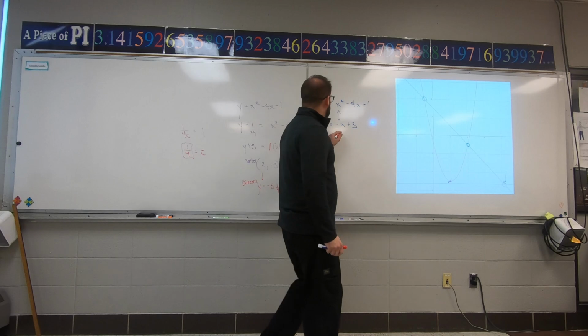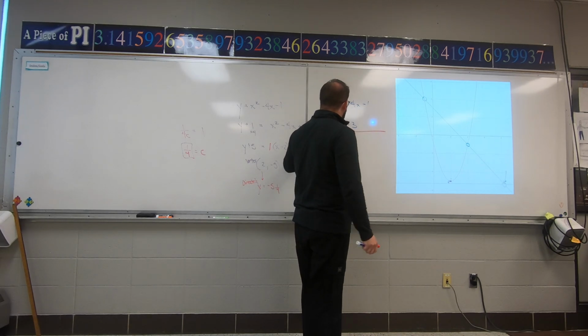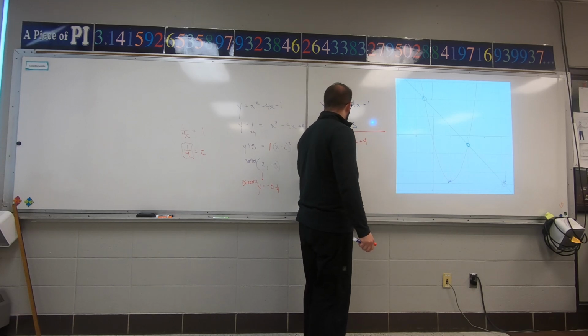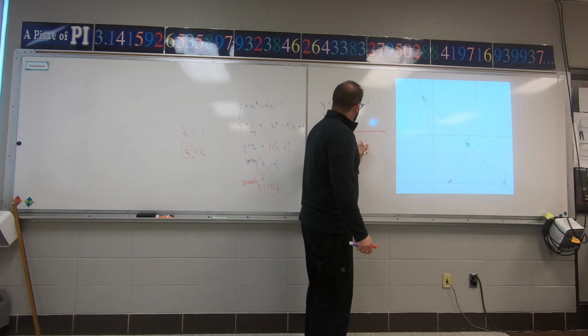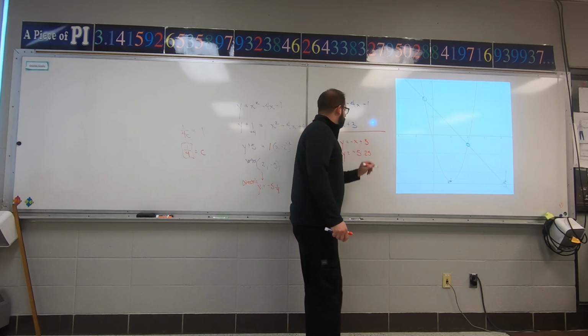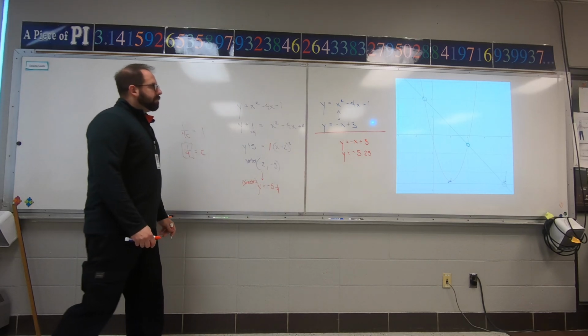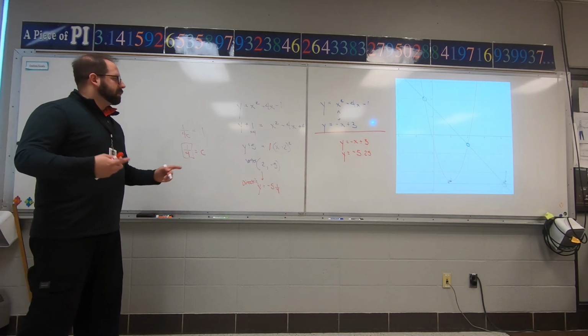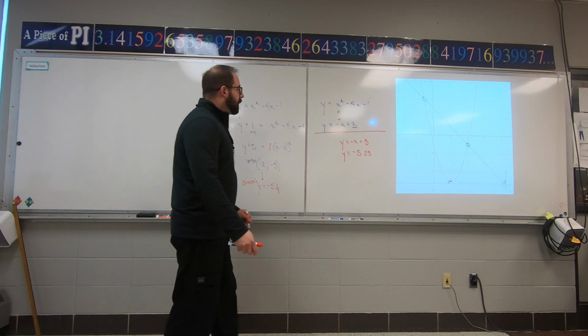And then again, what you do is you set this line right here, that should be a 3, equal to the Directrix line, which is this one. You set those two equal to each other. And that was something I had written down wrong yesterday.